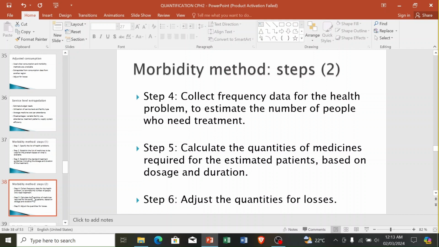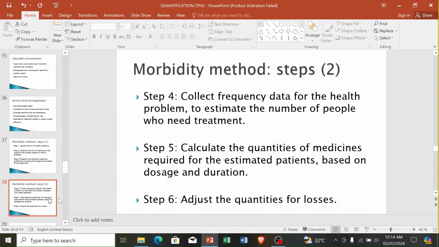That is every 12 hours for 3 days. So you have 10 times 3 days, which is 30, times 8. So we have 30 times 8, and you are able to know how many tablets I need to have in place.